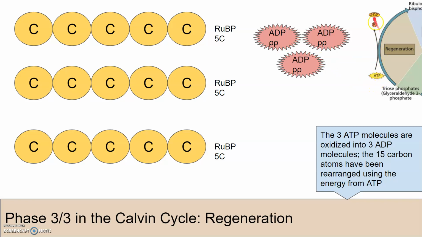It was input ATP, output ADP. Again, they will be recycled back into ATP via the light reactions. And the 5 3-carbon G3P molecules have been rearranged into 3 5-carbon molecules, now called RuBP, which should sound familiar because they're the same molecules that were in the first phase. Notice that there are still 15 carbon atoms like there were on the last slide. Now they've just been rearranged.